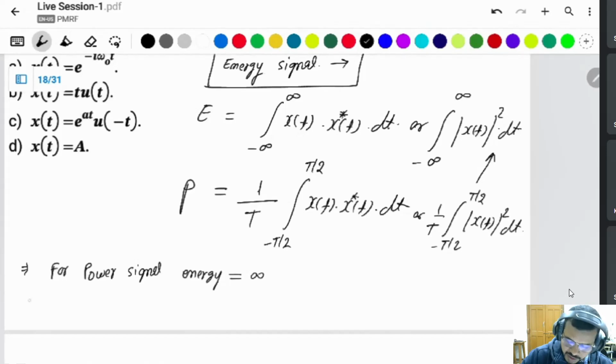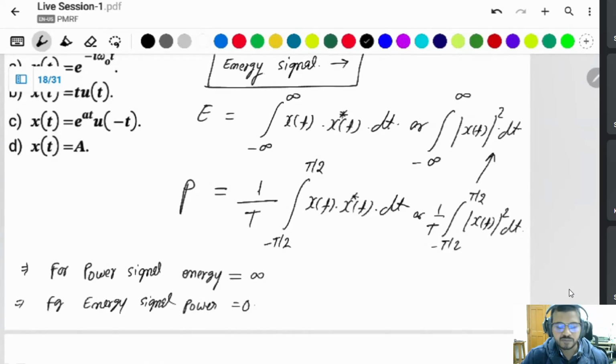For the power signal, energy is infinity, and for the energy signal, power is 0.